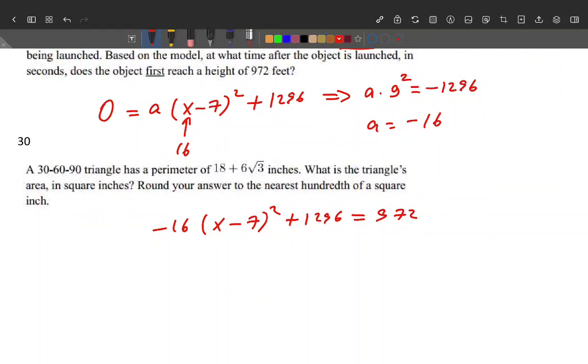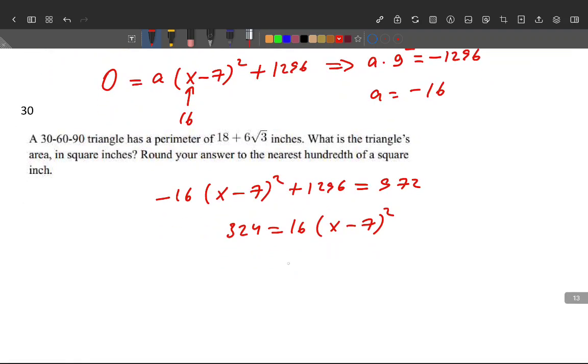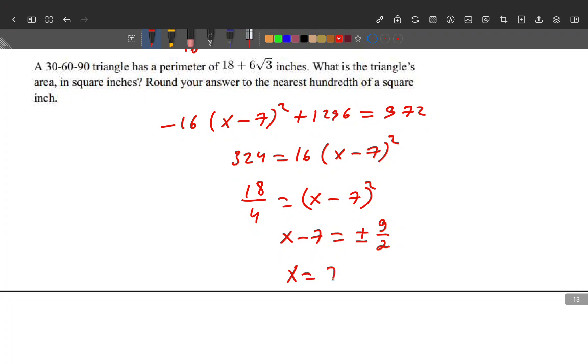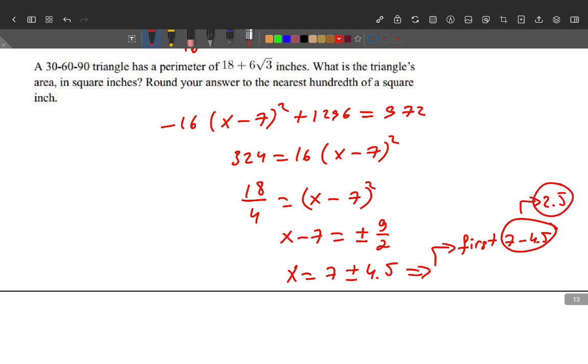If we solve, we find, okay, the answer is 2.5.